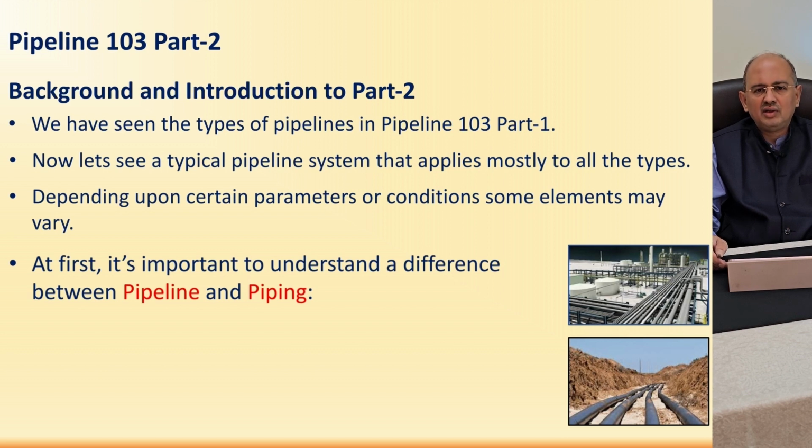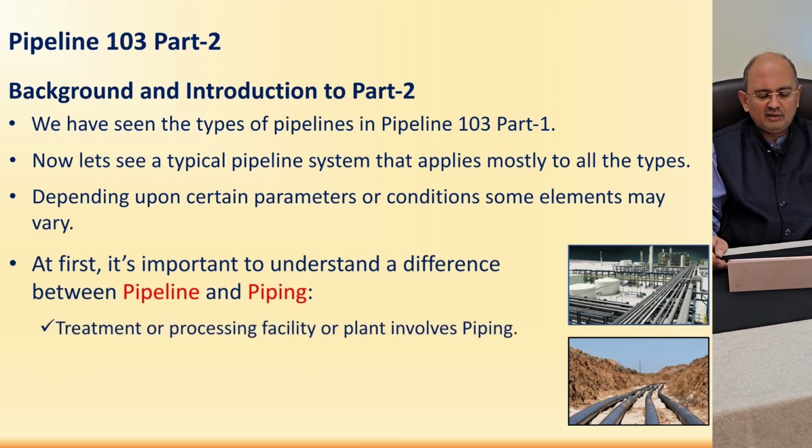Whereas the second tiny picture is showing the pipes laid on the ground and running long distance. They are normally cross country or intra-field pipelines where they transport the fluid from one facility to another, one treatment plant to another, or from the gathering system to the plant, or the export network, which we have seen in 103 part 1.